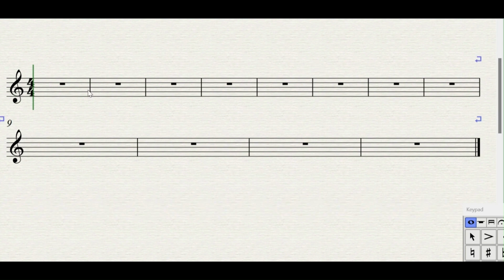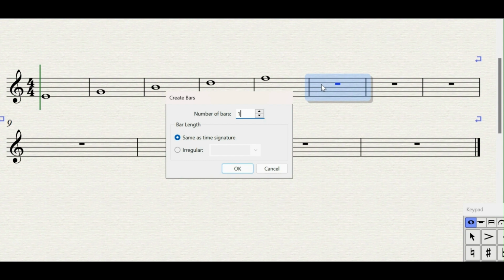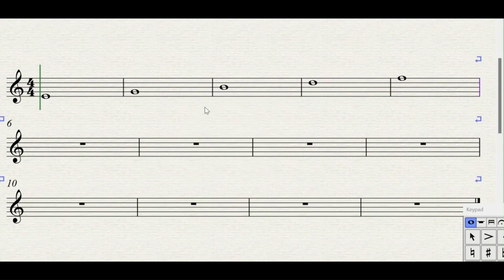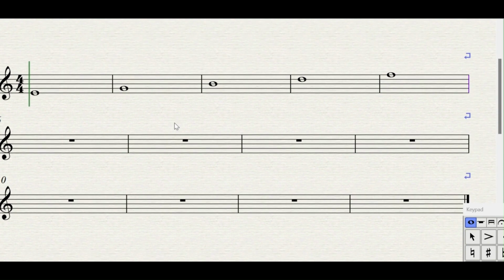On my stave, I'm going to put the notes that are on a line of your treble stave: first line, second line, third line, fourth line, and fifth line. And I'll separate them so we wouldn't have all those notes crowded on that stave.